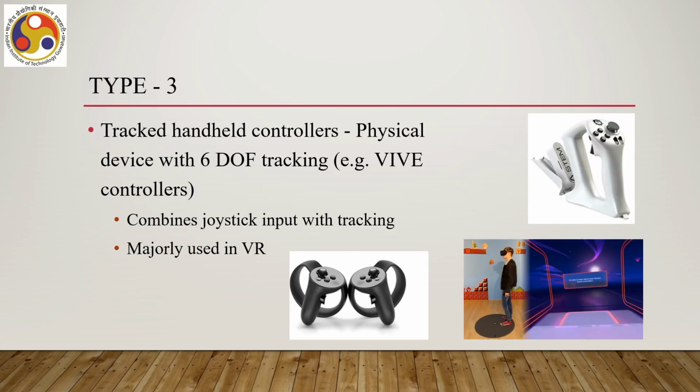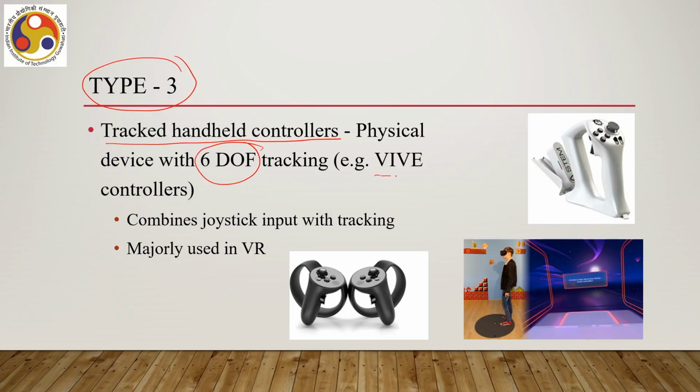Then we have category 3, type 3 hand input devices. These are tracked handheld controllers. Earlier we talked about non-tracked controllers, now we are talking of tracked controllers. The idea is very simple. These are devices with 6 degrees of freedom tracking, so their movements can be tracked by the system.